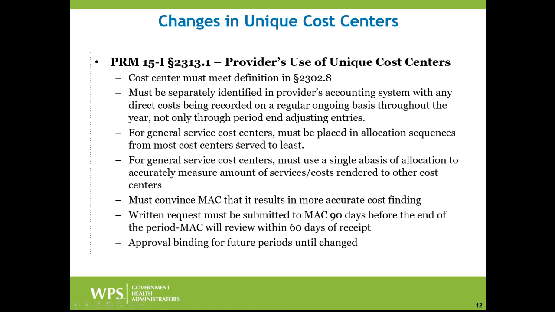If it's a general service cost center, it has to follow the same basic allocation that is currently on worksheet B-1, and the underlying allocation, the required sequence for overhead cost, is that whichever overhead cost serves the most other cost centers goes first. The one that serves the least other cost centers goes last. So capital is your best example.